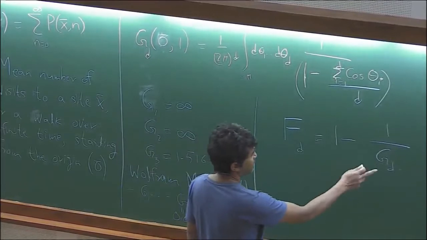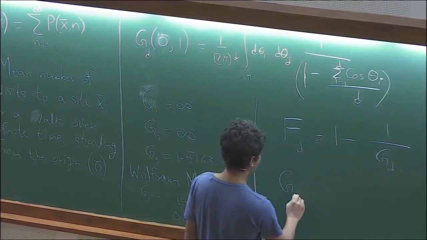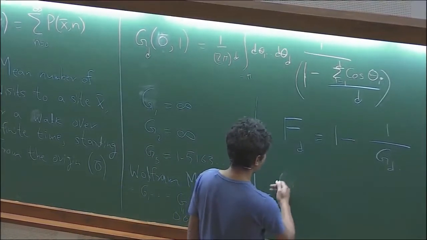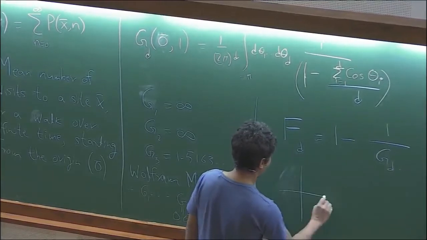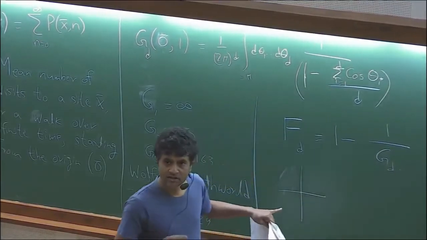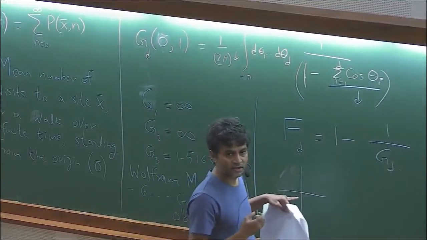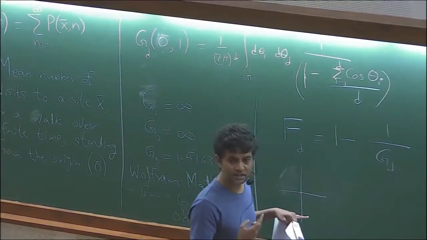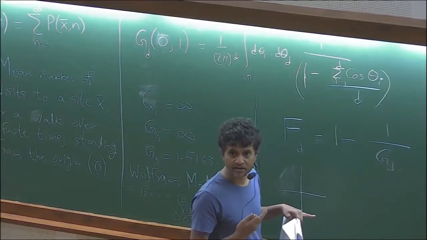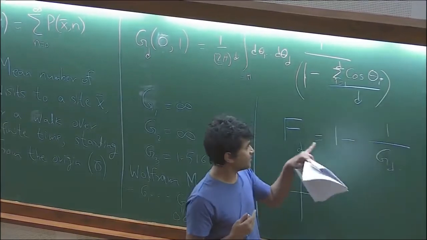The way we argued is that if you look at the mean number of visits, I start from the origin, so that's already counted as a visit. Then if I keep walking, there's a chance that I may not come back. The chance of that is 1 minus f.